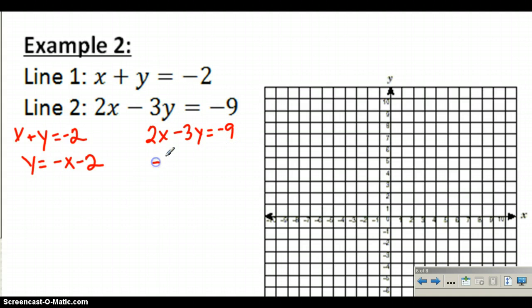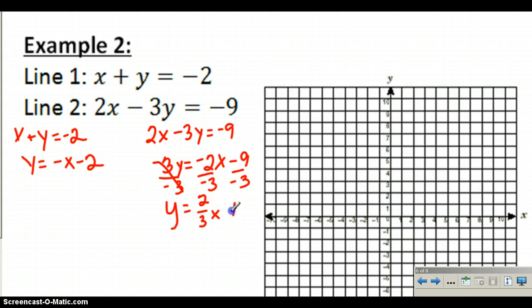So subtract your 2x from both sides. Don't forget that that y is a negative 3y. And then we're going to divide all terms by negative 3. And when these cancel, you're left with y equals a positive 2/3 x plus 3.